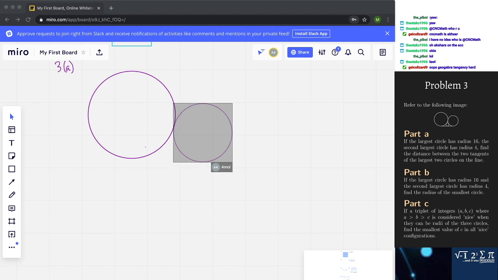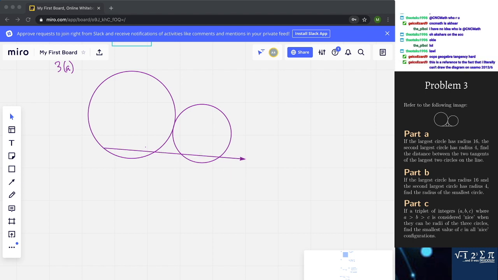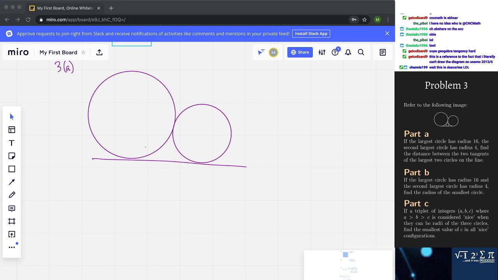So they won't intersect. And we draw a tangent. Smart drawing is not very smart today, apparently. No, I don't want to type. What have I done? Okay, this is close enough. Wait, tangency? I just approximated and I was like close enough.